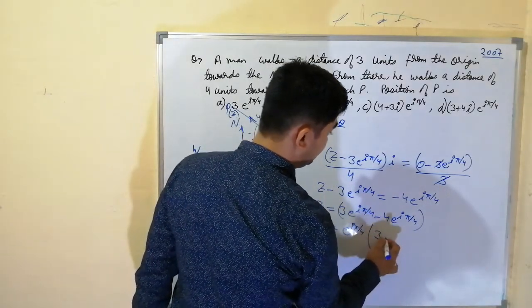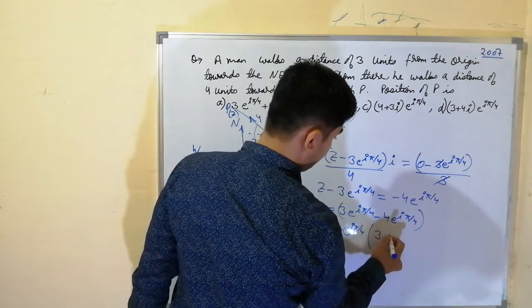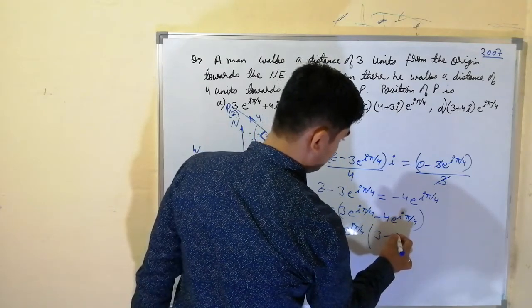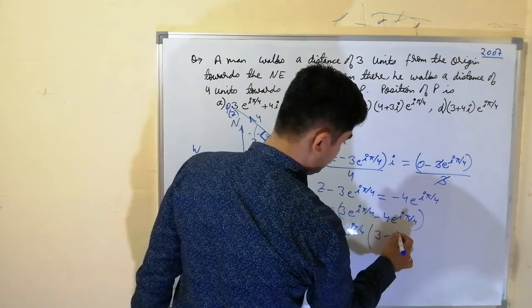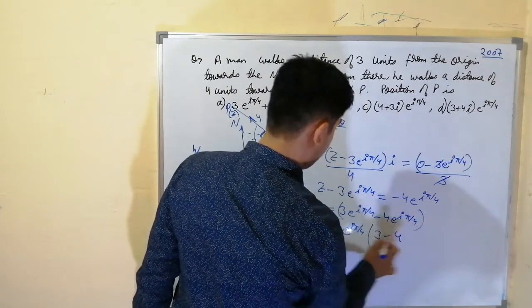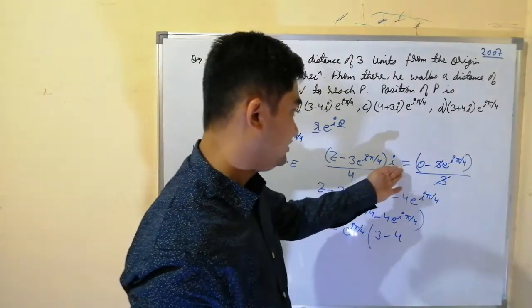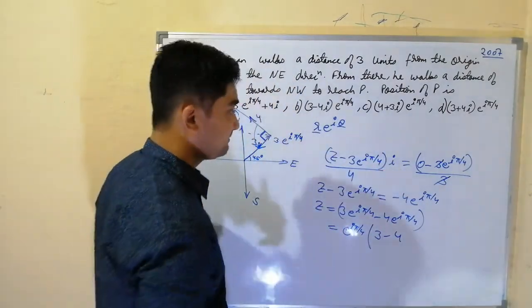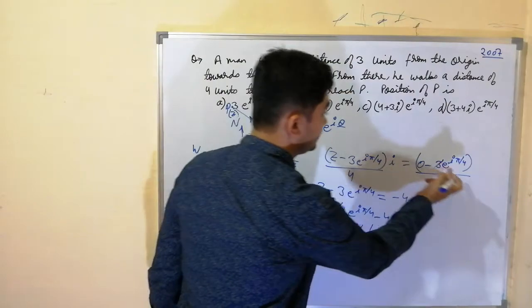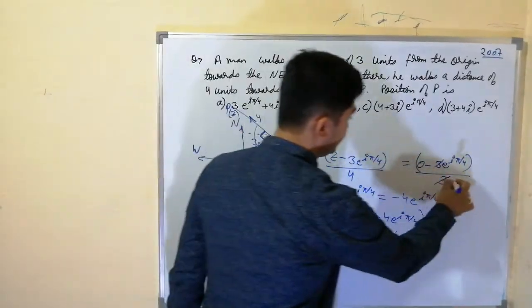Then e power iota pi by 4 we have taken common. We will have 3 minus 4, and we have missed this i. This i will go to the right hand side. It will become 1 by i.